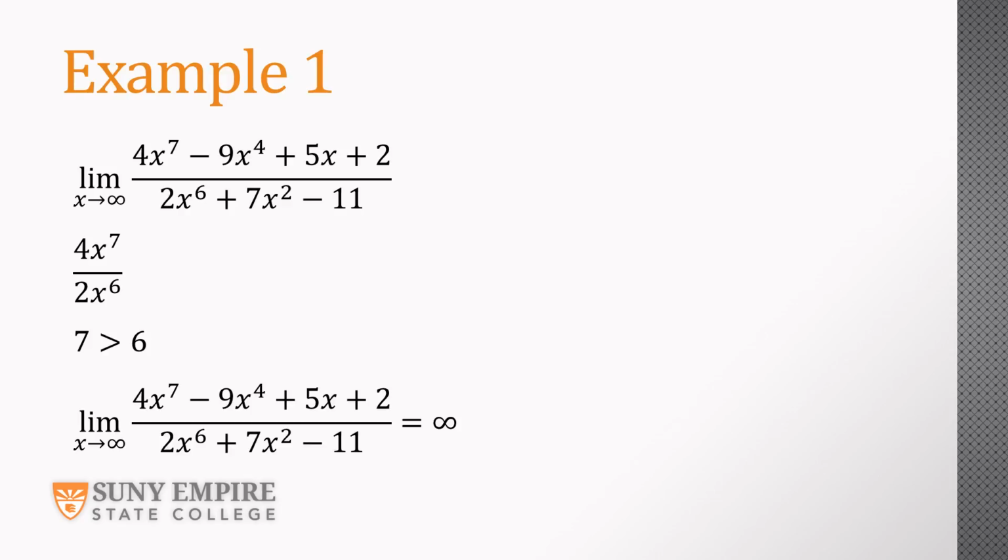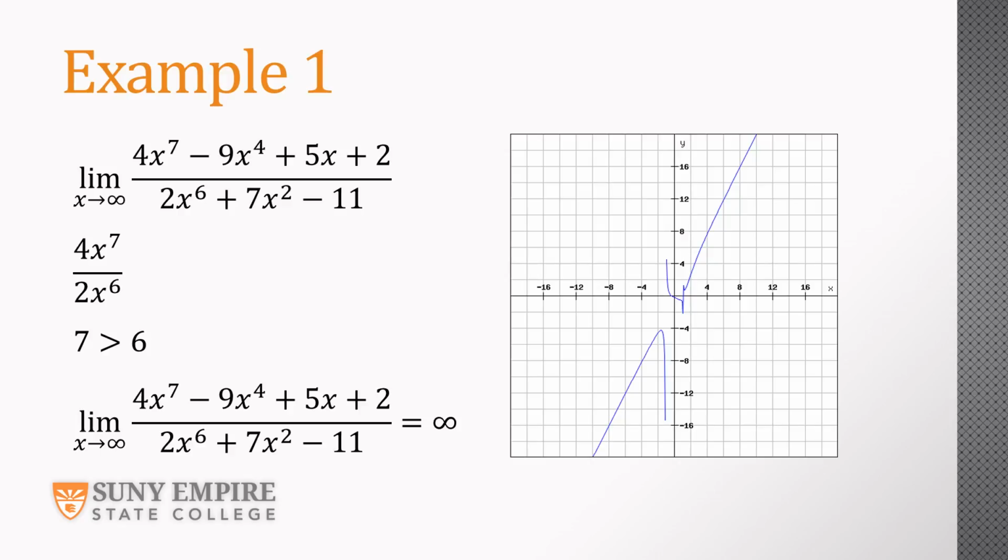Because the power in the numerator is greater than that in the denominator, the limit as x approaches infinity is also infinity. Looking at the graph, note that the graph points up on the right and down on the left, so our guess about the end behavior was correct.